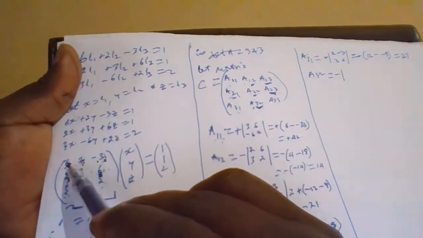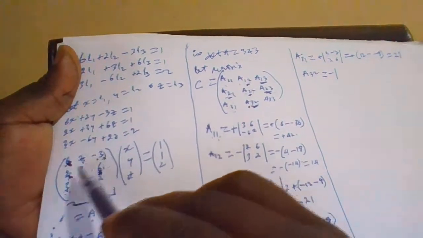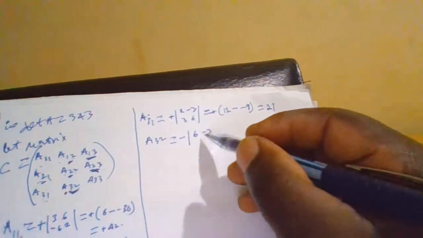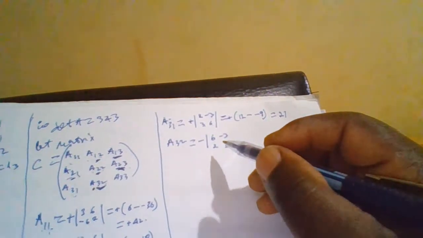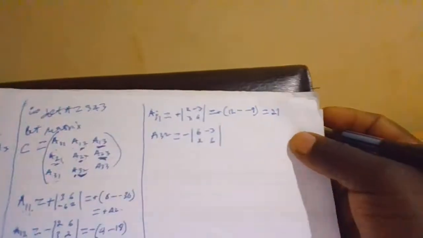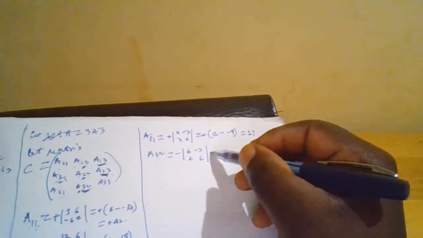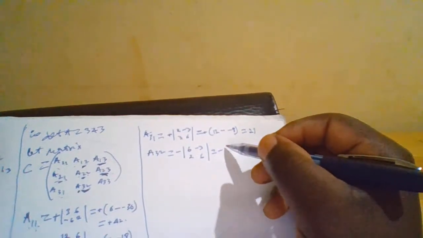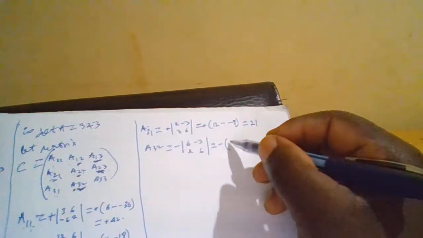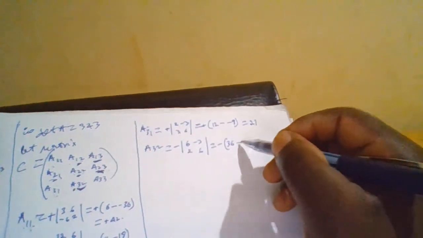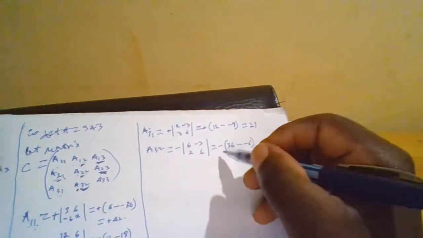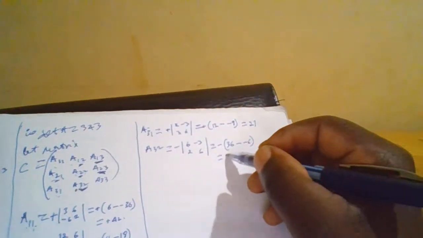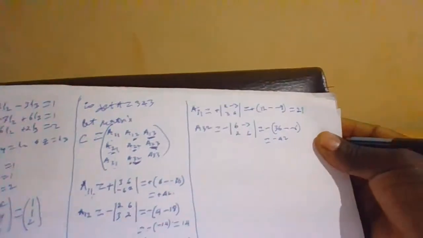So it will be 6, negative 3, 2, 6. So this equals minus, into 6 times 6, that is 36, minus 2 times negative 3, minus 6. So this equals minus 42.